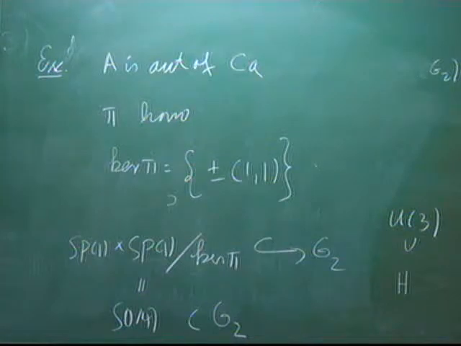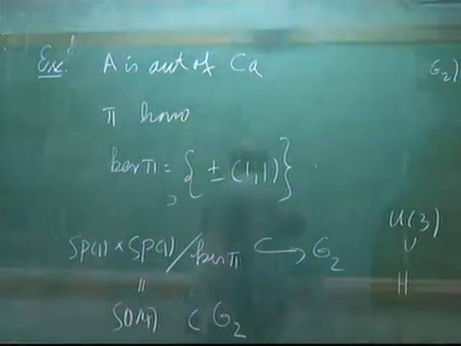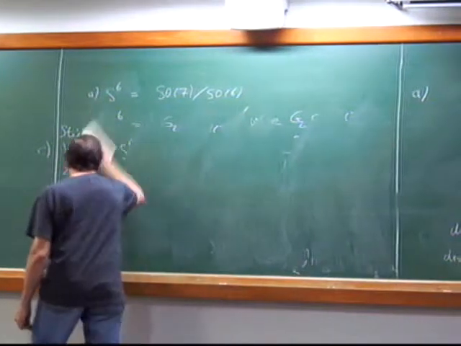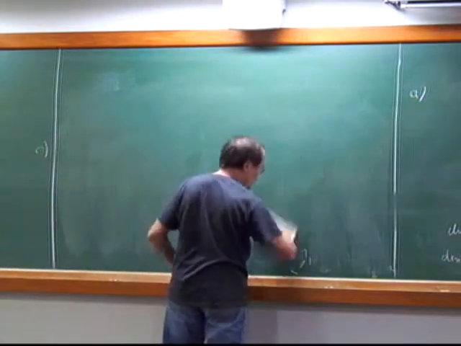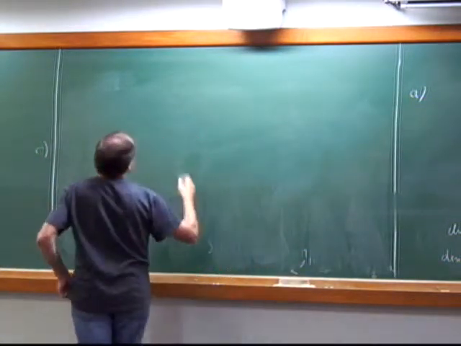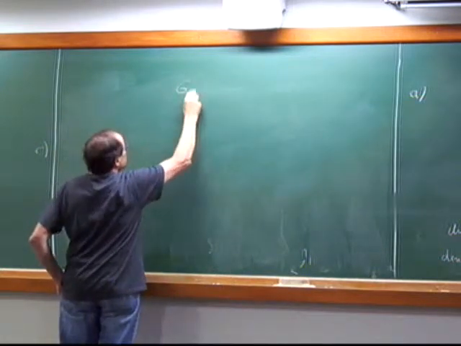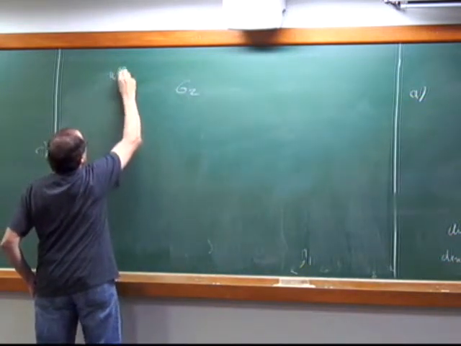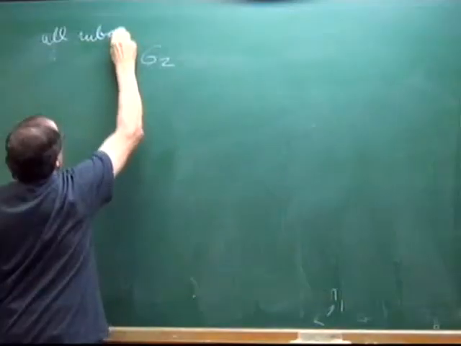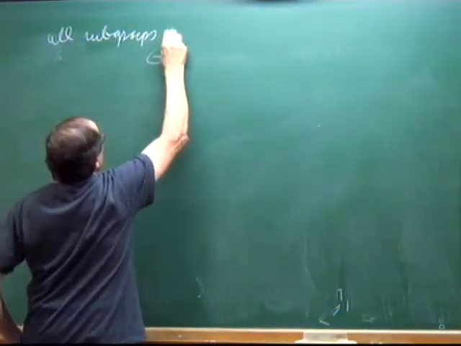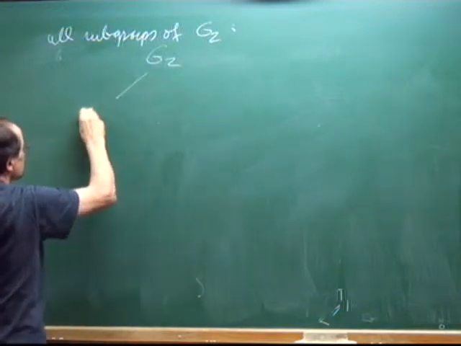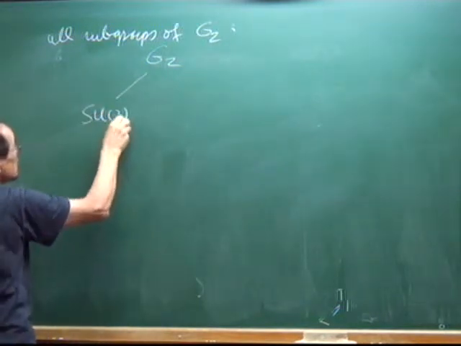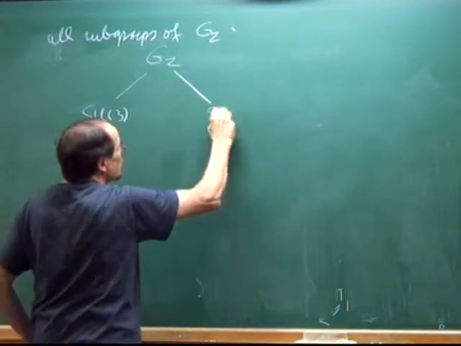And what one can show is the following diagram, which is not quite obvious, not so easy. At least that's what we know right now. This is a diagram of all subgroups of G2. So we saw there's an SU3. Now over there we saw there's an SO4.